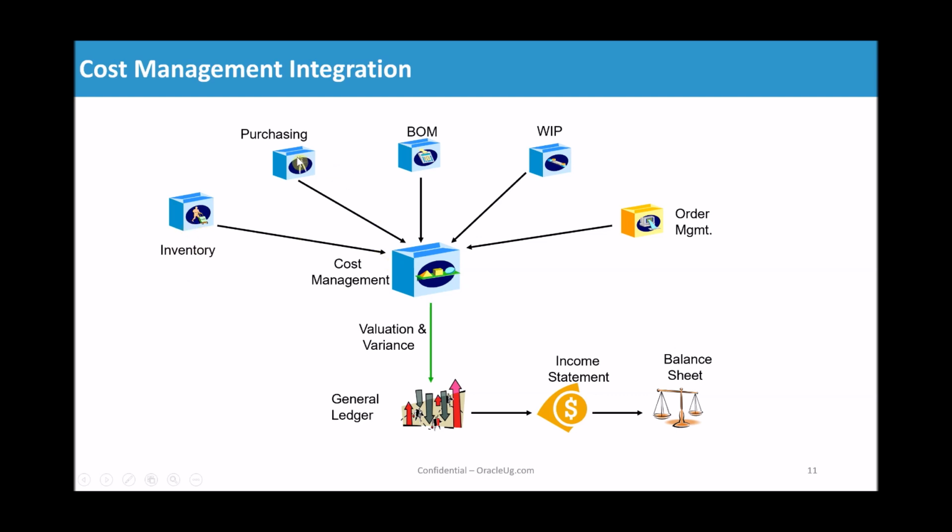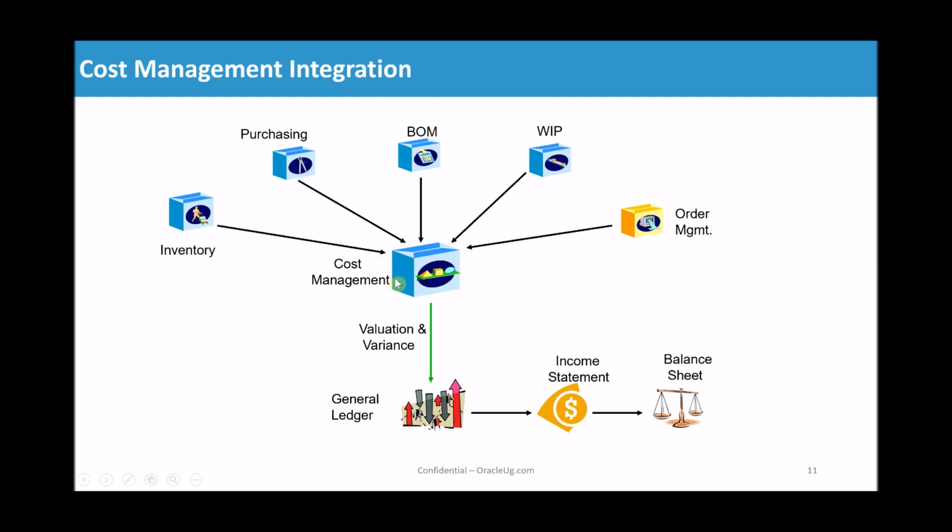Similarly, it's not necessary that we'll be transferring only transactions; there will be certain cases where we'll be just transferring information from these modules. Similarly, work in process sends all the work related information to the costing module. Order management sends all the shipping related information to cost management.